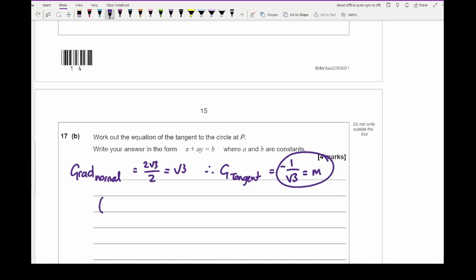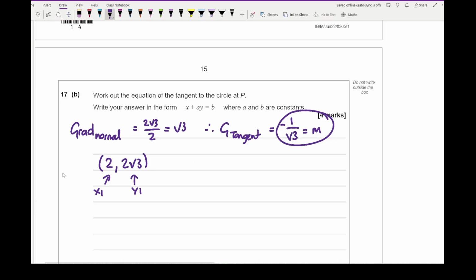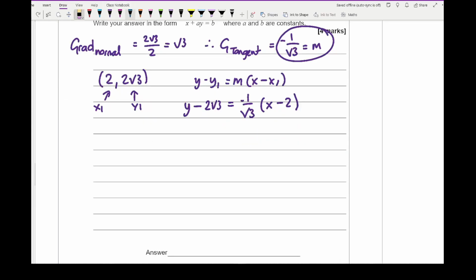Now we know that the coordinate is 2, 2 root 3. So this is my x1 value. This is my y1 value. So therefore using y minus y1 equals m times x minus x1, substitute numbers in, we get y minus 2 root 3 equals minus 1 over root 3 times x minus 2. And all that's left for me to do is just neaten this up. Now from this, I could get rid of this fraction.